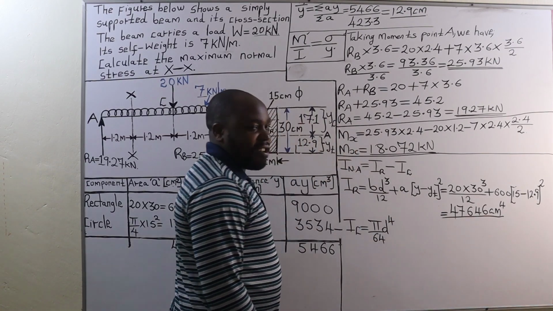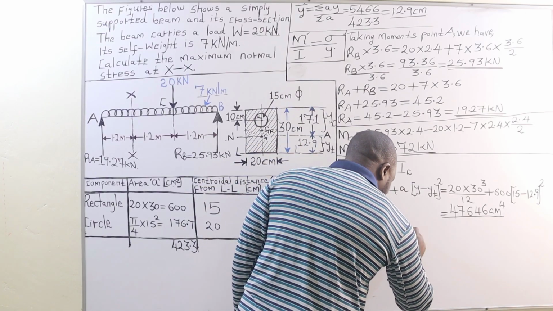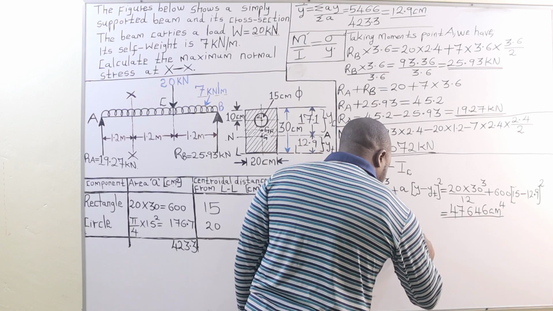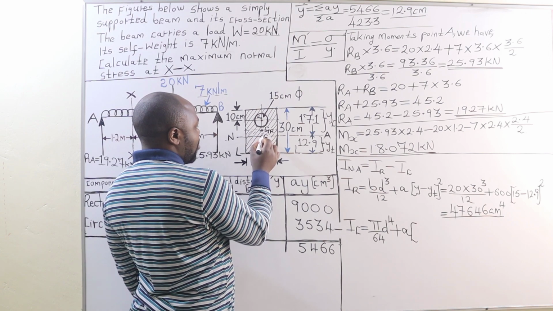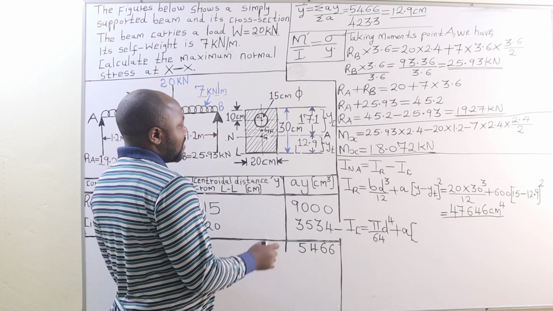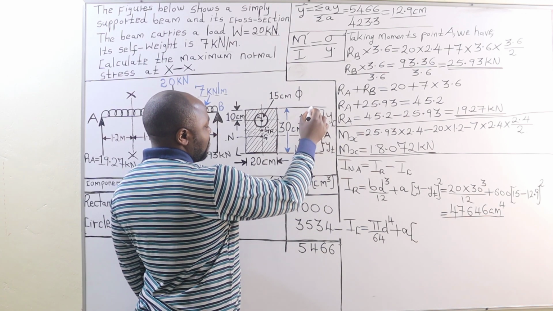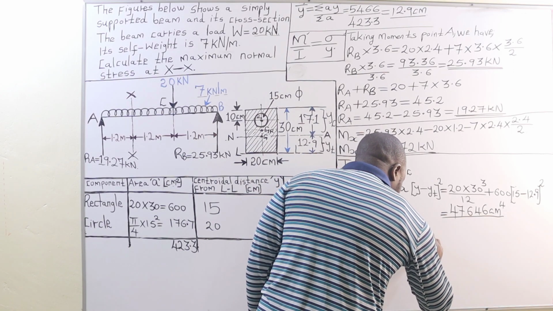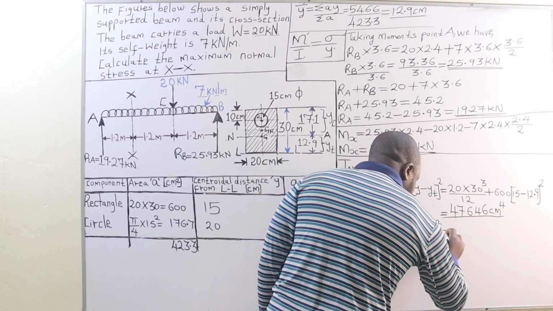That is the formula of calculating the moment of inertia of a circular section, plus the area of the circular section into the distance from the center of gravity of this whole cross-section of the beam to the center of gravity of the circle, which will be given by yc, which is 17.1 minus 10. Therefore, that's going to be yc minus 10, and then we got that squared.